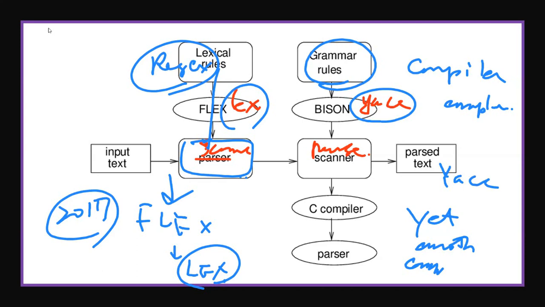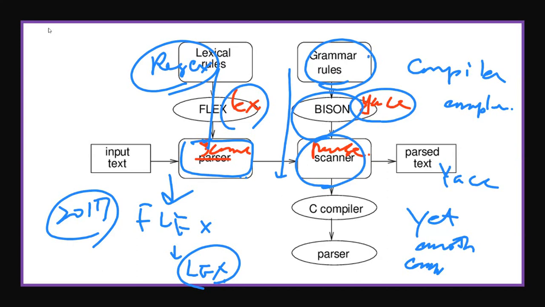And the PC version is called Bison. Bison is the animal, okay? So Flex and Bison help to generate the scanner and parser. It will automatically generate a parser from a context-free grammar.